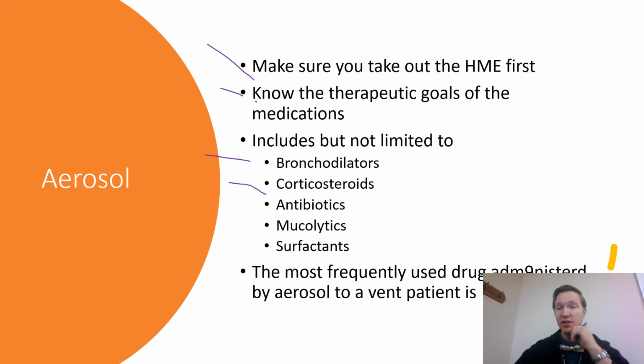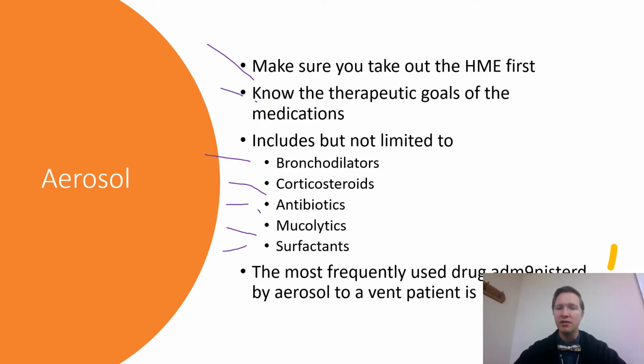Inhaled corticosteroids are another one where we could nebulize or do other methods there. Antibiotics, nebulized antibiotics, especially for patients with infection processes. Mucolytics to help thin out secretions. There are other drugs that can do this that aren't nebulized. There are other drugs that we can look at there too if we need to. And then finally, surfactants, right? So we'll start talking about these.